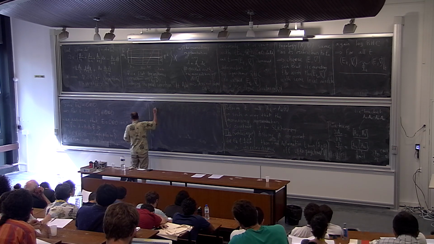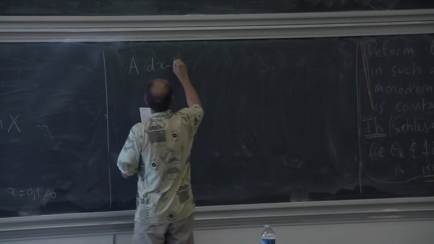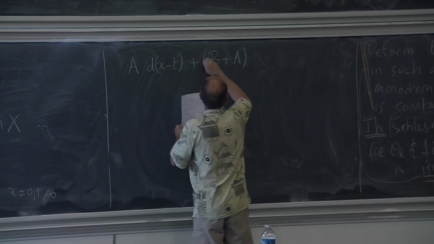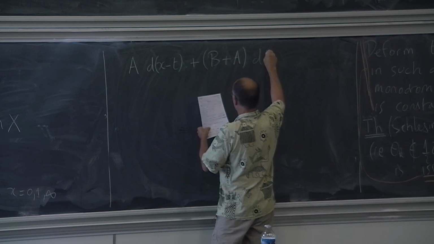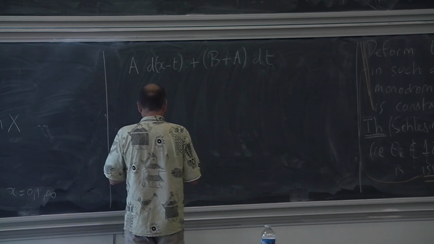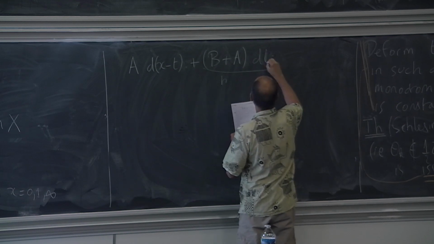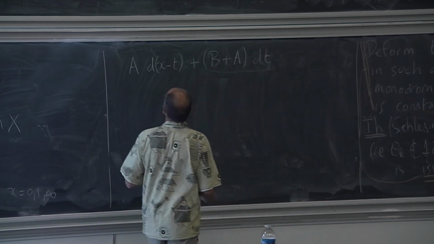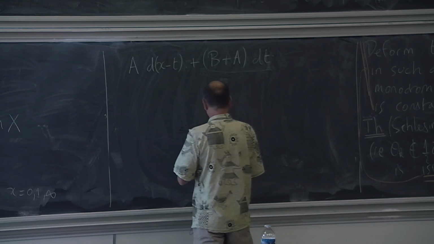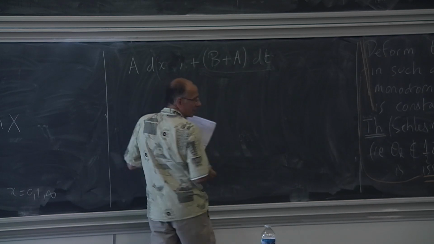If you look at A times d of x minus t plus B plus A dt, I rewrite the matrix connection like this. Sorry, I made a mistake.